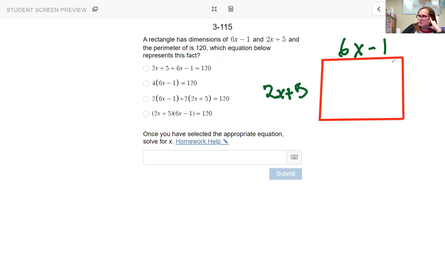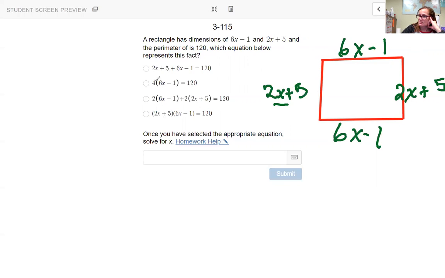Okay, so think about it this way. We've got this side up here that's 6x minus 1. We also have this side down here that's 6x minus 1. We have this side that's 2x plus 5, and we have this other side that's 2x plus 5. If we're going to get the perimeter, which is the whole outside, we need to add these all together, right? So 2x plus 5 plus 6x minus 1 equals 120. Well, that only has each side once.